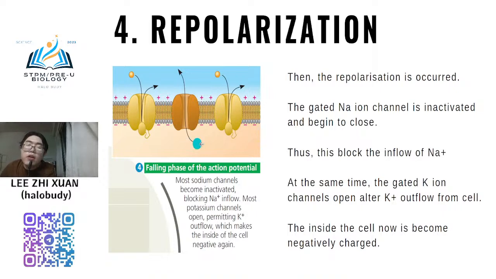Because potassium ion is also a positively charged ion, all the potassium ions are coming out from the cell. Although the cell contains sodium ions, since the potassium ions have come out, the inside of the cell starts to become negatively charged.